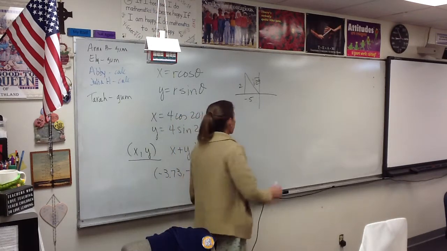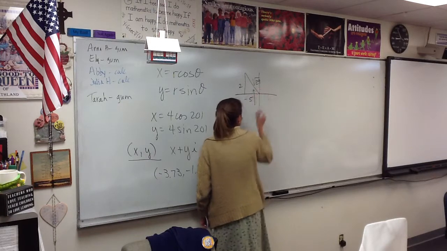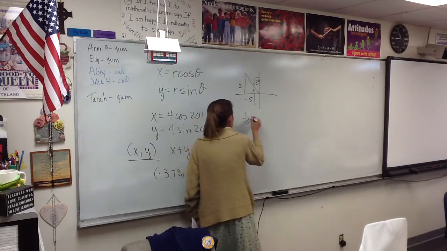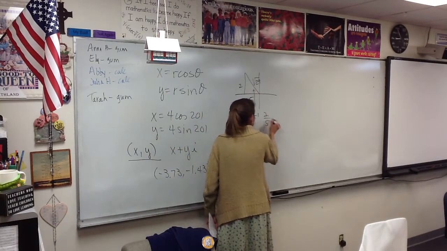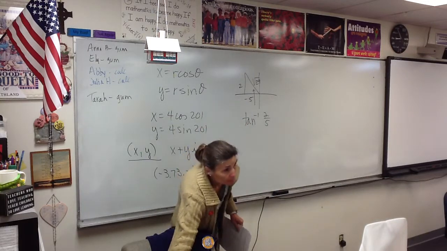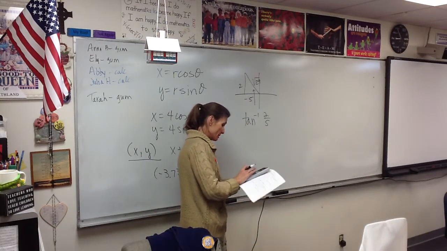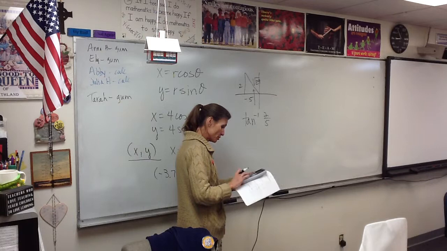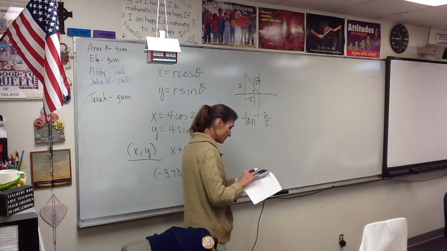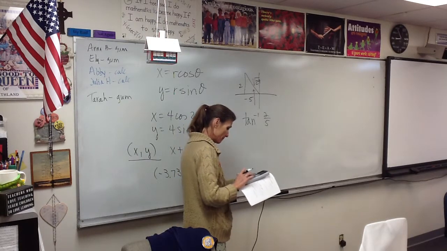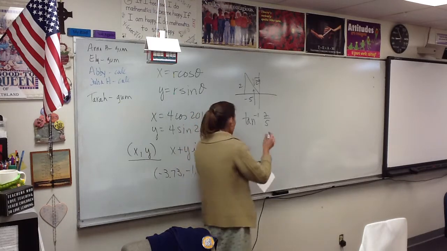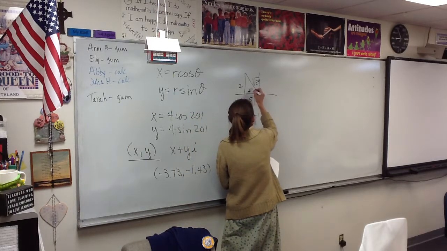How do I find this angle right here? Second tangent, 2/5. And I got 21.8.